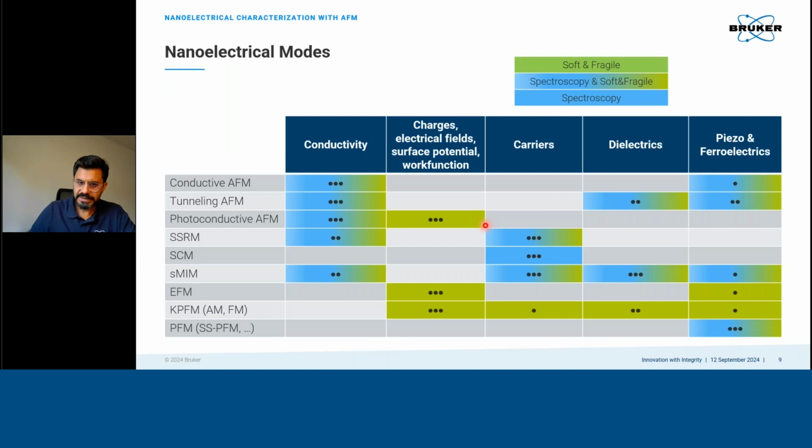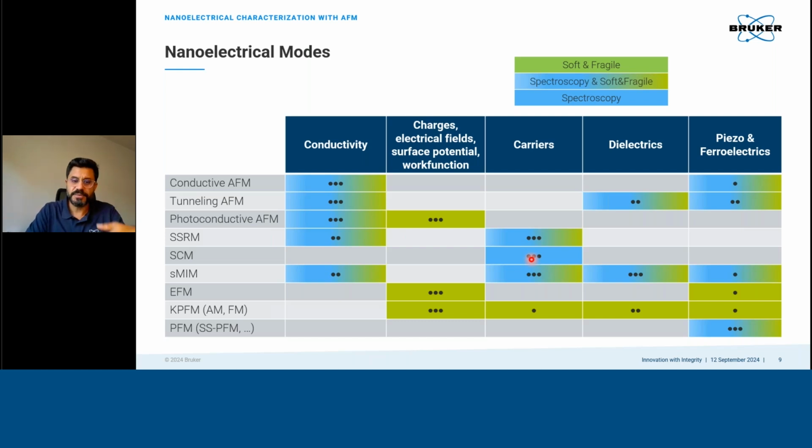So for that, we finally go to this final representation where we show which methods apply to soft materials, which methods can also include spectroscopy, and obviously all methods include imaging. As you can see, almost all the methods, except SCM, have this green color, which means they are suited for measuring fragile samples.